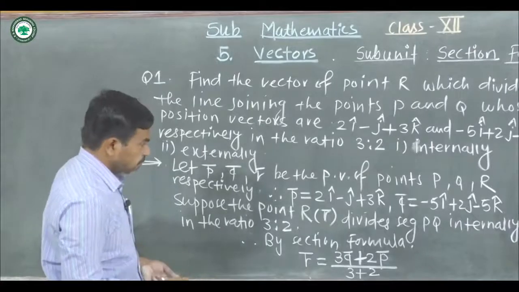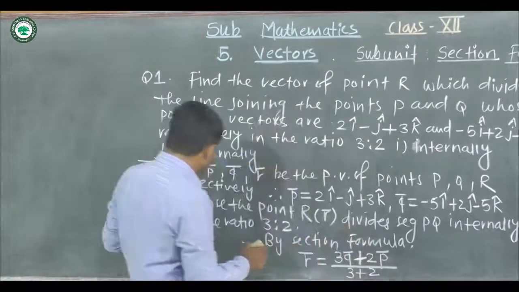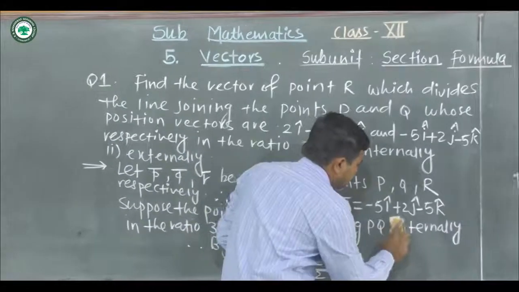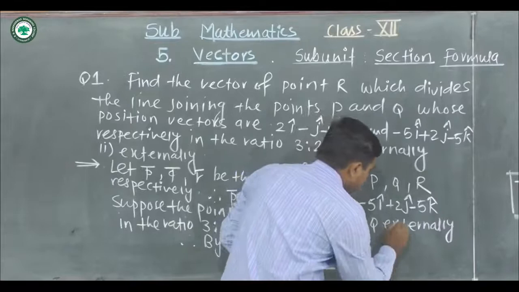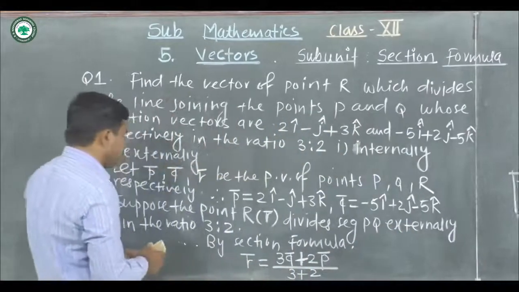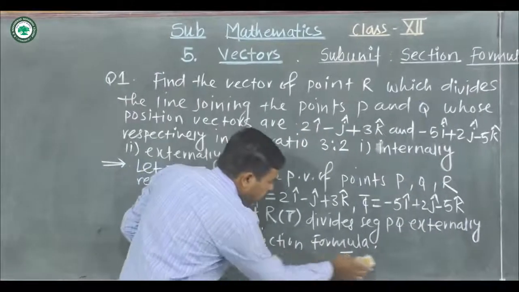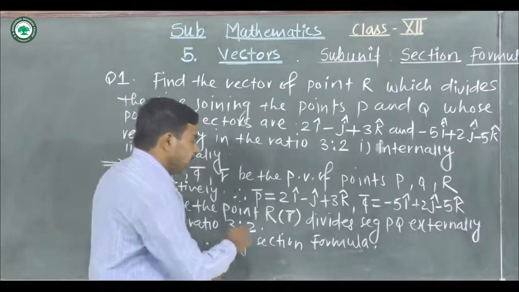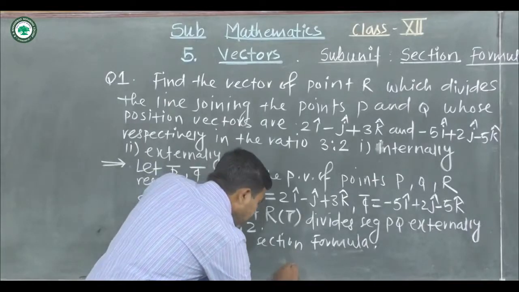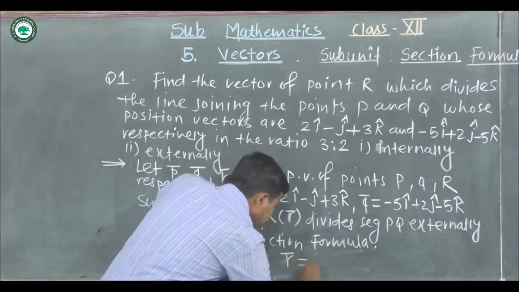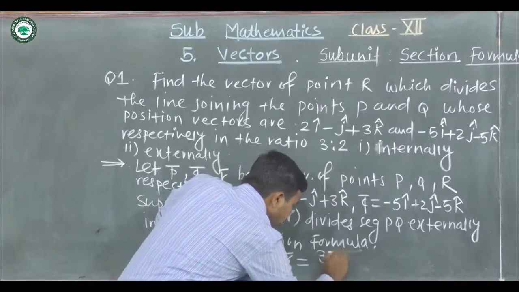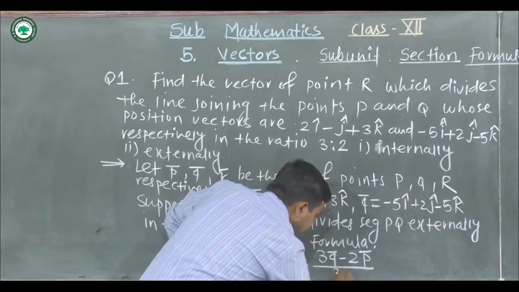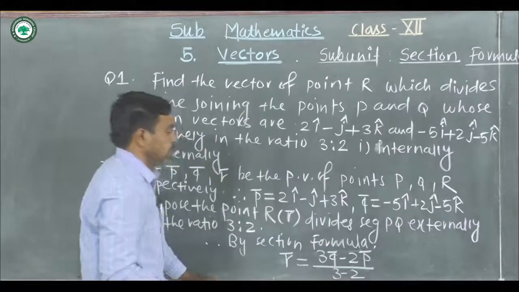So we see the second sub question. So suppose the point R with position vector r bar divides segment PQ externally in the ratio 3:2. So therefore by section formula, here we have to use section formula for external division, and it is r bar is equal to 3 into q bar minus 2 into p bar divided by 3 minus 2.